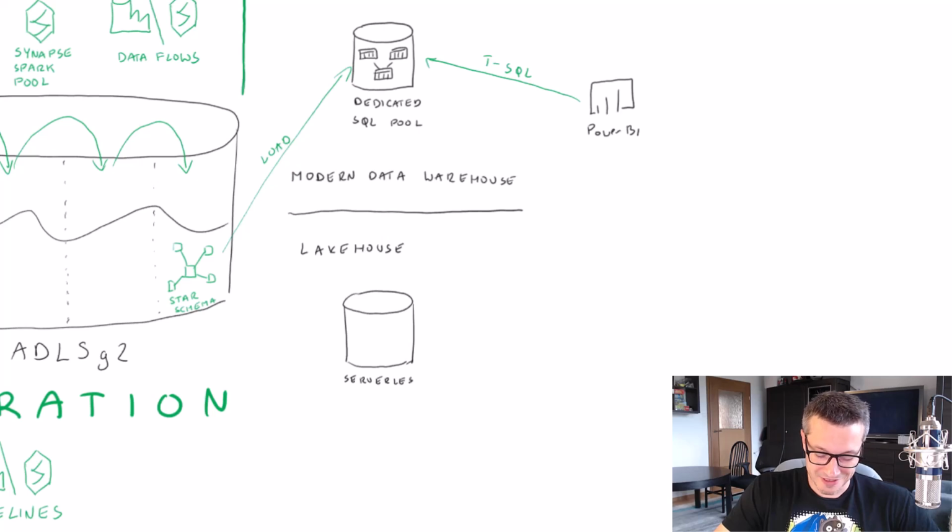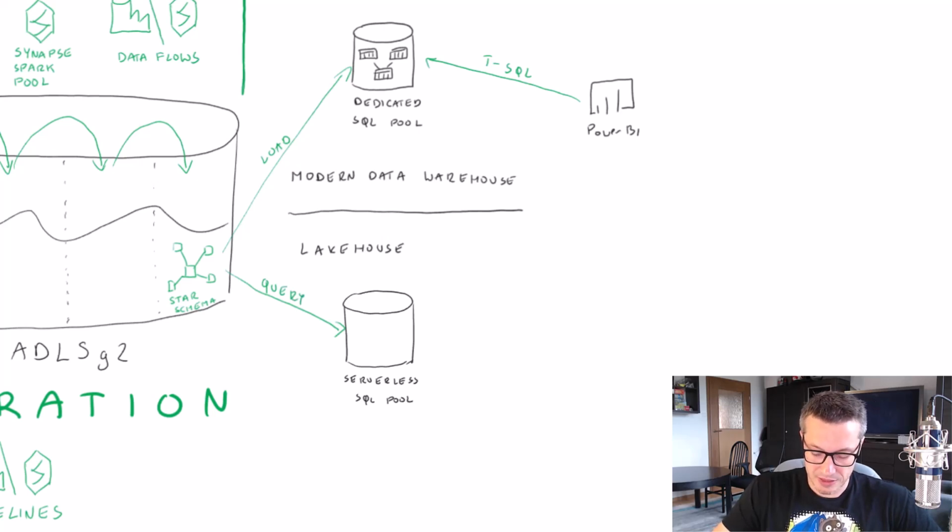And this pool differs a lot from a dedicated one. First of all, it doesn't store the data physically. It is just used to be able to connect to a data lake. So we are not loading the data from the data lake into this serverless pool. We are just querying it.